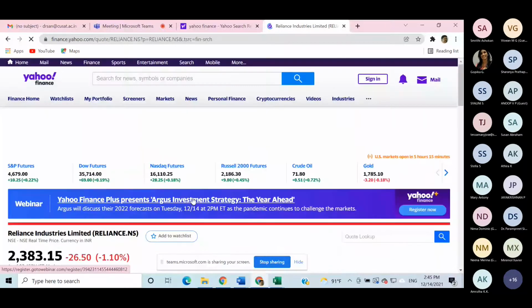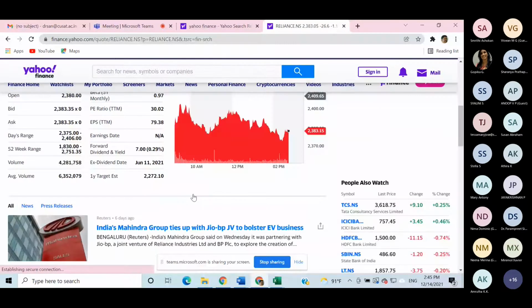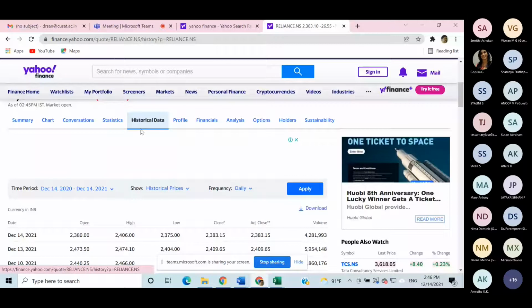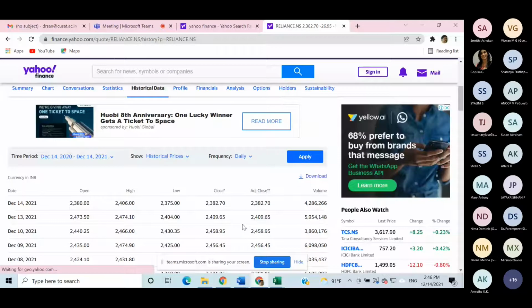Reliance Industries Limited. So historical data there. The frequency is daily, the same dates, December 14, 2020 to December 14, 2021, the previous year's data.